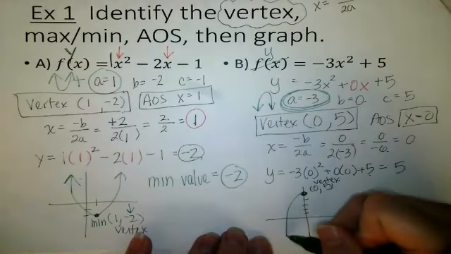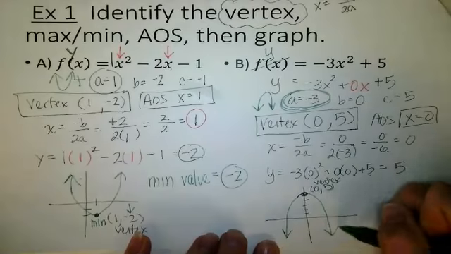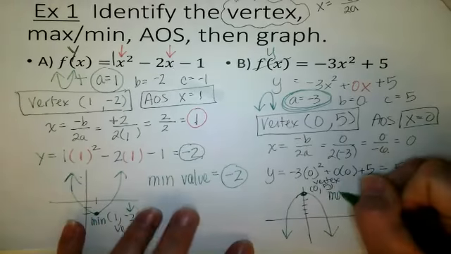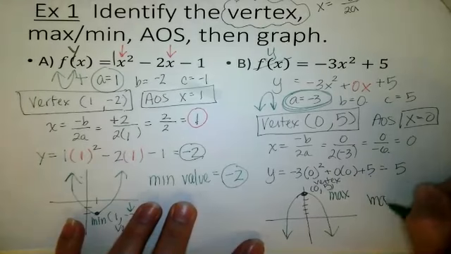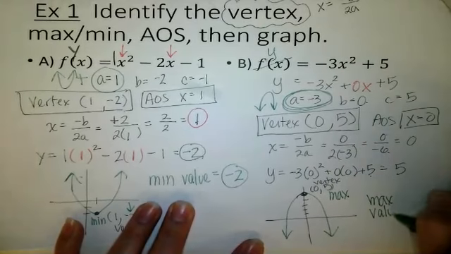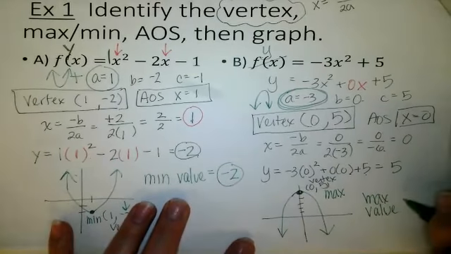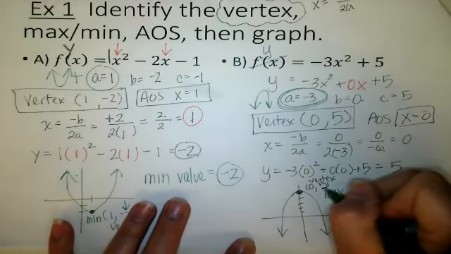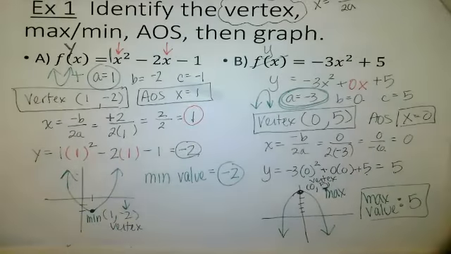So I'm just going to, from my vertex, make my downward facing parabola shape. So is that vertex a minimum or a maximum? Good, it's a maximum. So we have a maximum value. What is the maximum value? 5. Yes. The highest y value is 5.